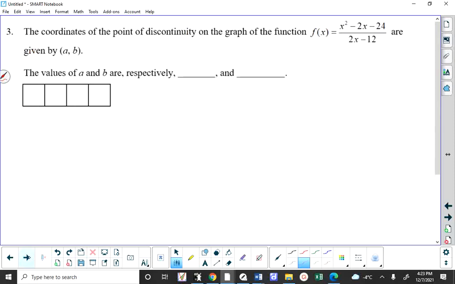Number 3, you're asked for the coordinates of the point of discontinuity of a function. Nobody has any difficulty finding the x-coordinate, but for some reason this is always a question on an exam that stumps people in terms of the y-coordinate. When we factor this rational function, we have f of x equals x squared minus 2x minus 24.